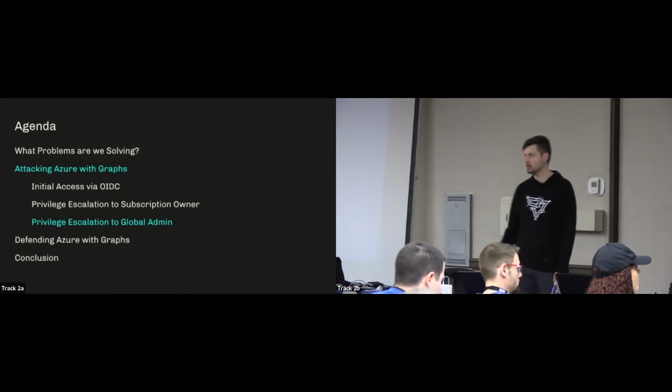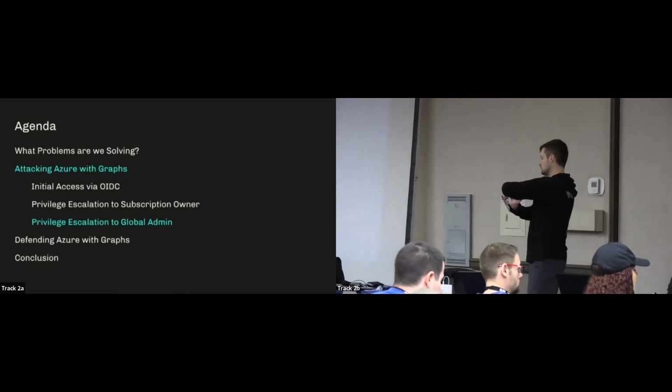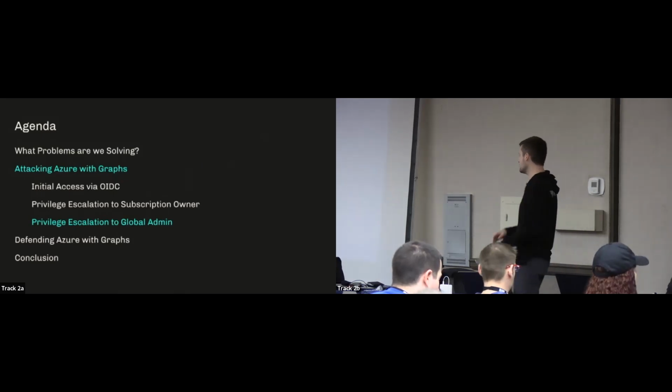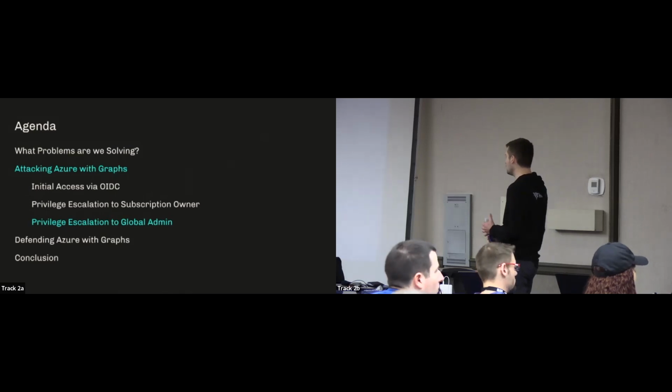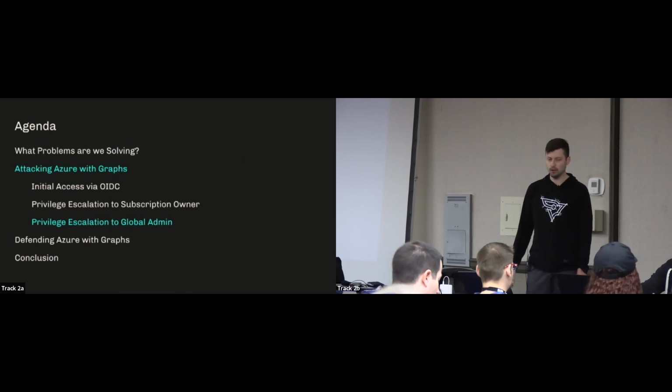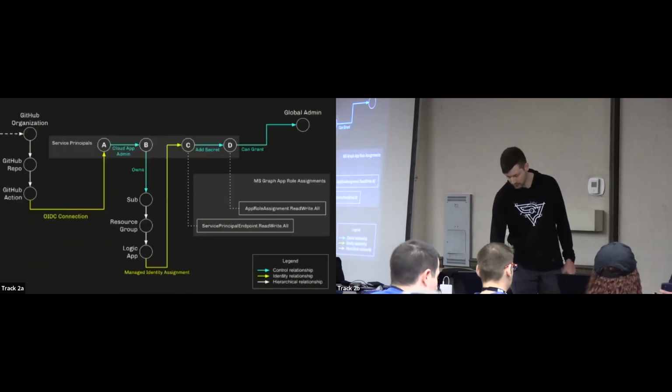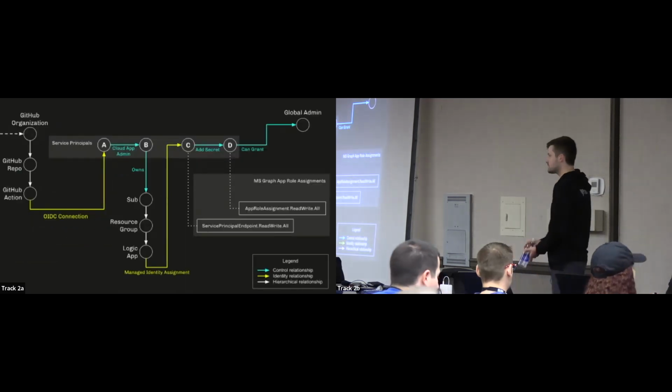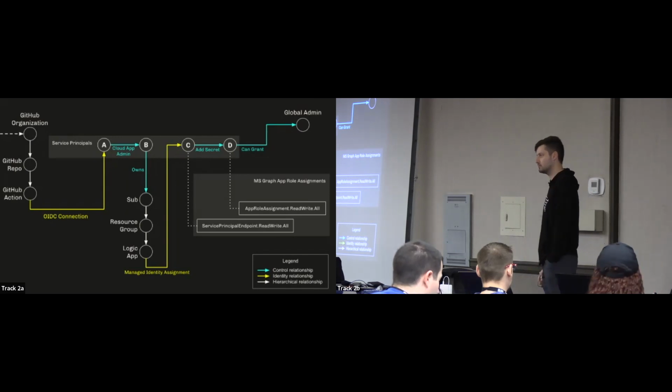So let's look at the final leg here, which is going to be privilege escalation to global admin. Now, there's a problem here. Yesterday I was getting ready for this talk and setting up the lab environment to actually create these videos for y'all.